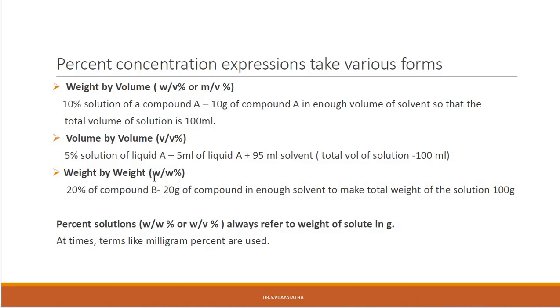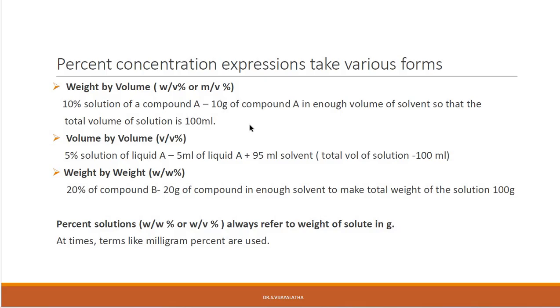Weight by weight percent. You're going to weigh the solute and you're also going to weigh the solution. So 20% solution of compound B, that means 20 grams of the compound, add sufficient amount of the solvent so that the total weight of the solution is 100 grams. This may be used when the solute is a solid or even if it is a liquid.